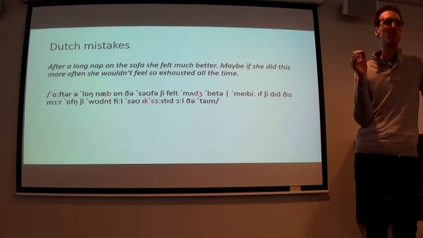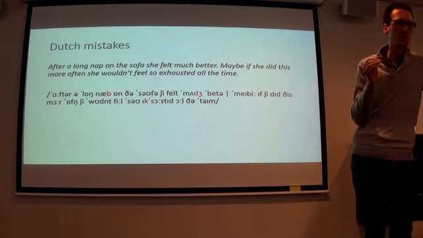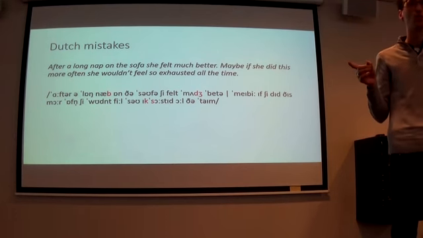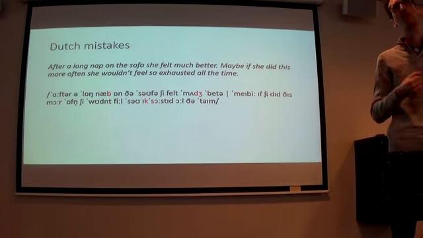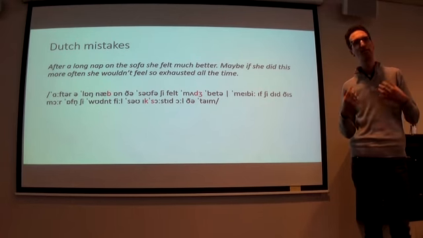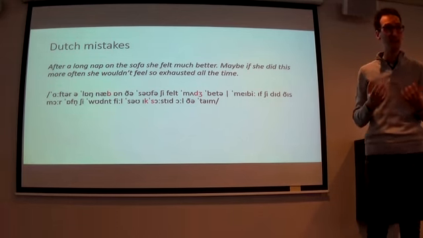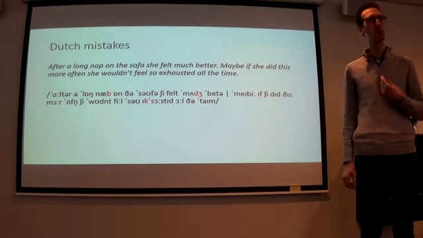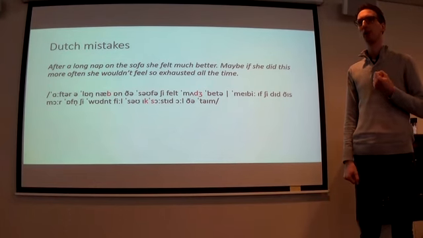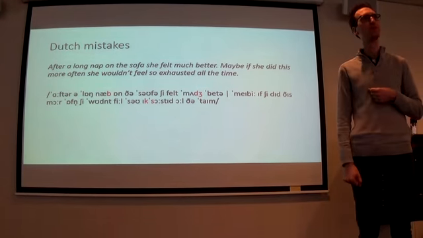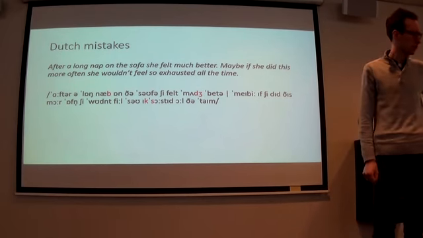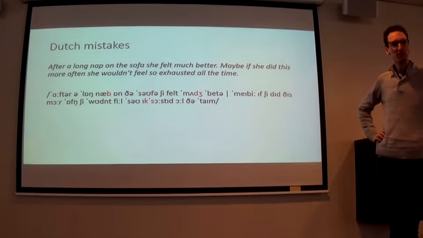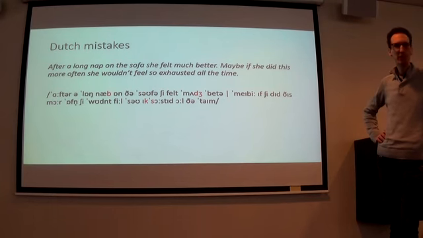So the s sound changes to a z sound between 2 vowels. We have the same tendency when we speak English. After a long nap on the sofa becomes after a long nap on the sofa. That's a Dutch tendency, to voice sounds between 2 vowels. I'll show you how you write that down in the test.